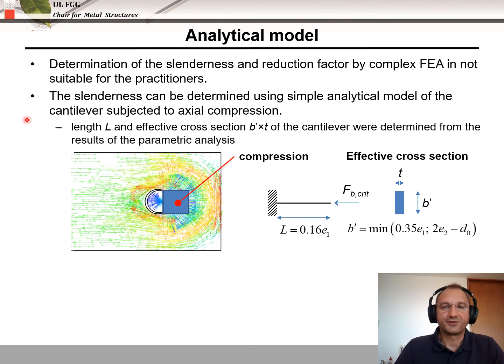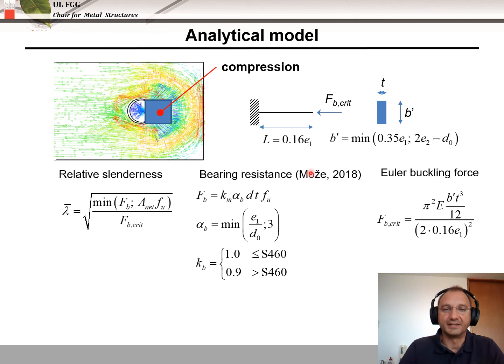Determination of slenderness and reduction factor by complex finite element analysis is not suitable for practitioners. Therefore, we developed an analytical model which was based on the results of the parametric study. The slenderness can be determined using a simple analytical model of a cantilever subjected to axial compression, where the length of the cantilever and effective cross-section are determined from the results of the parametric study.